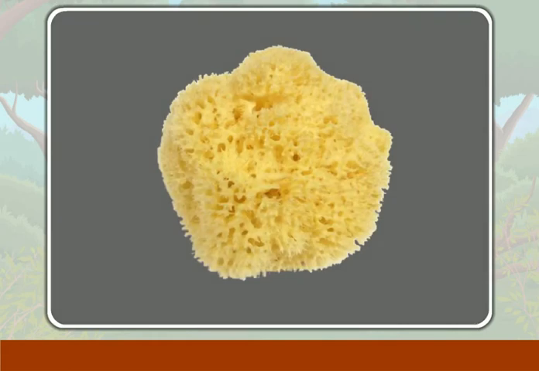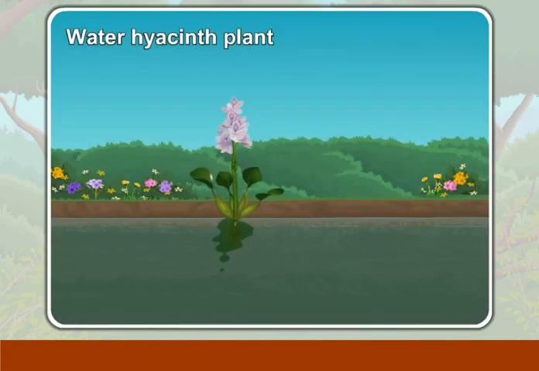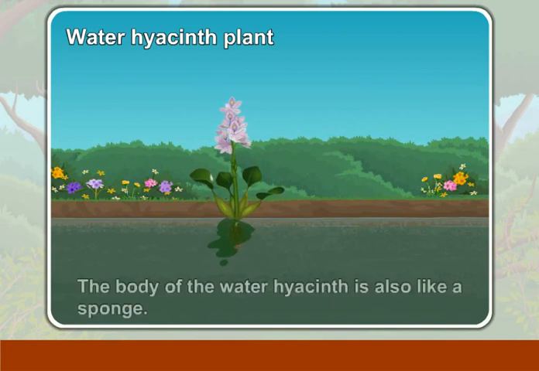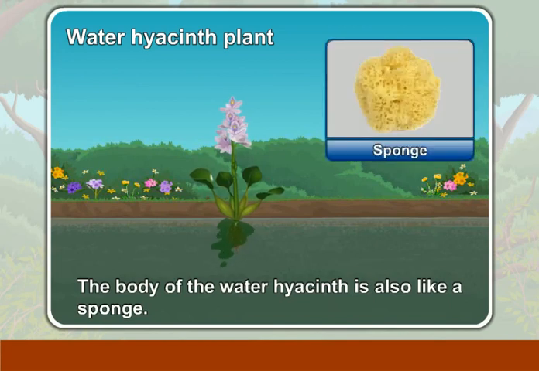Now have a look at this object. Do you know what this is? It is a sponge. The sponge is very light. Now take a look at this water hyacinth. The body of the water hyacinth is also like a sponge.